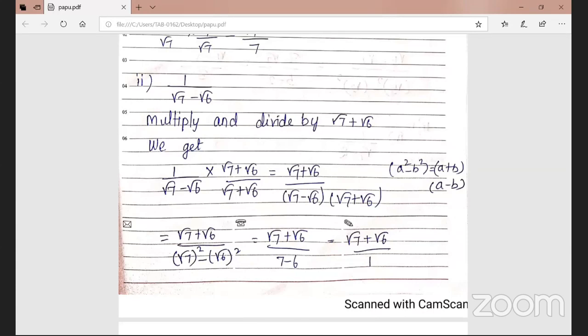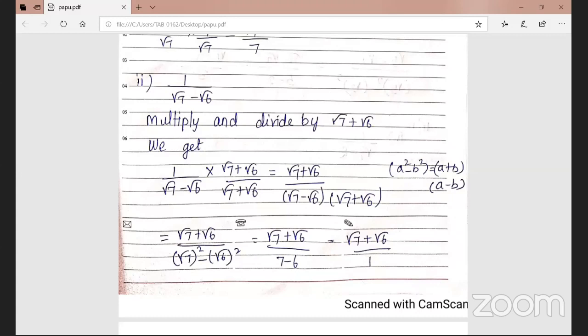See, root 7 into root 7 is 7. Root 6 into root 6 is 6. Root 5 into root 5 is 5. So when we multiply the same numbers, the root goes away, but the sign we want to change. That's it. So root 7 minus root 6, we are multiplying and dividing by root 7 plus root 6.